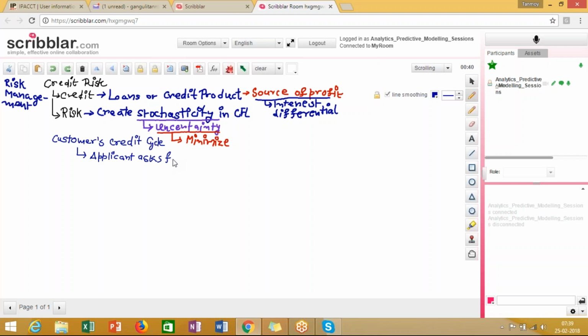Now, when the customer asks for a credit, the first question that we need to answer from a banking perspective is, should we give the loan to the borrower, to the applicant, or not?